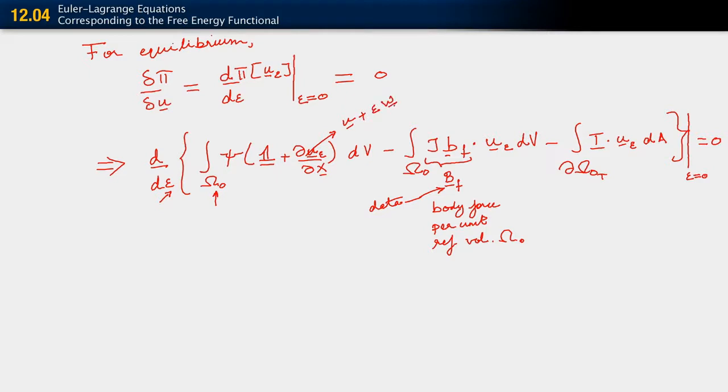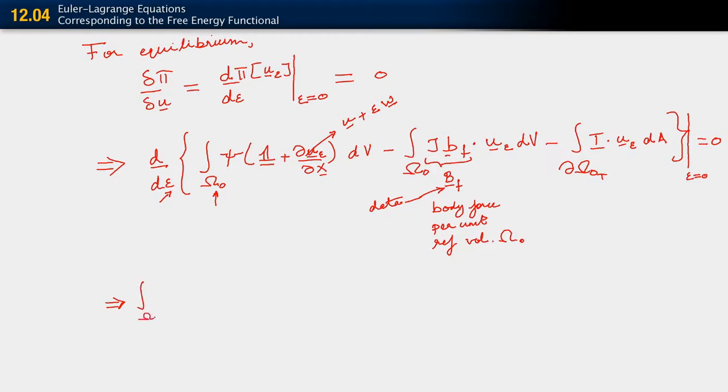Therefore, taking derivatives with respect to epsilon is not difficult at all. First of all, it means that we can take those derivatives into the integral sign for each of these integrals.